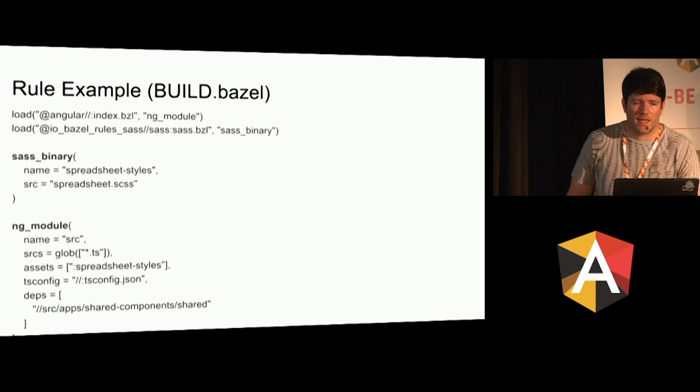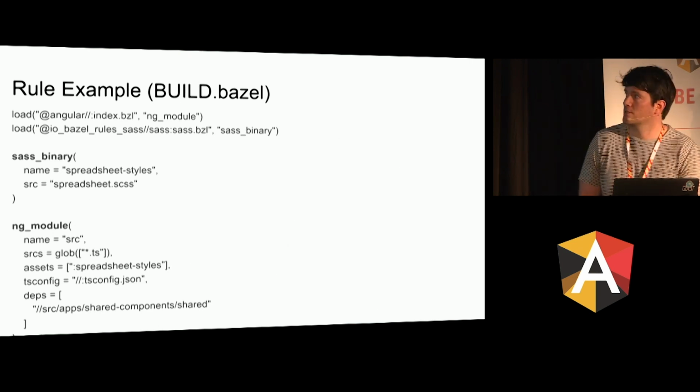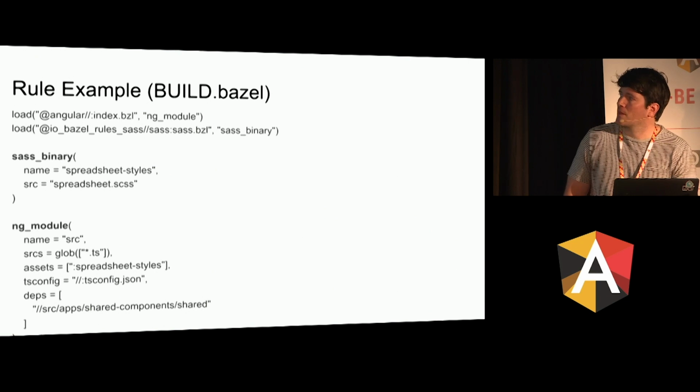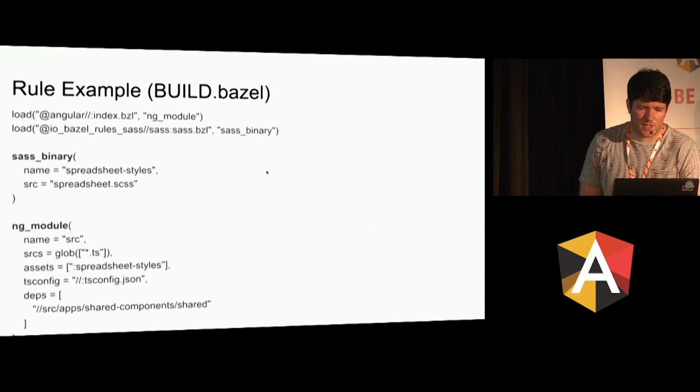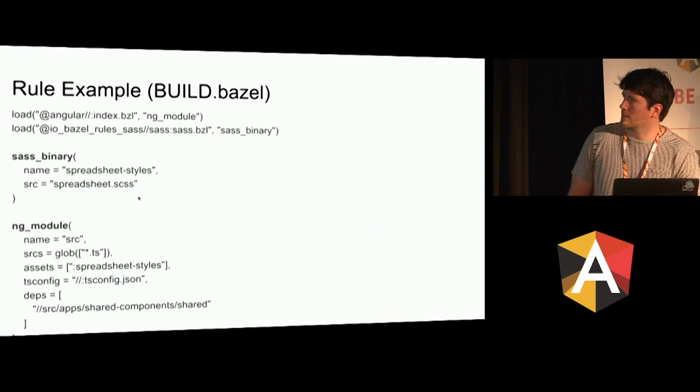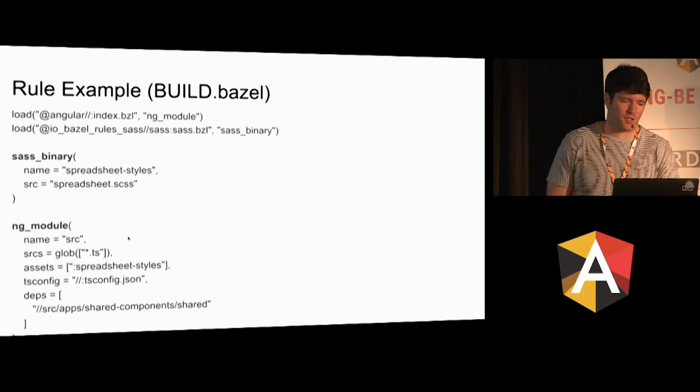So let's take a look at a build.bazel file. In this case, I'm showing you two Bazel rules. The first one is sass_binary, which essentially takes a Sass file and converts it to CSS. The other one is the ng_module rule, which is what we use to AOT compile Angular ng modules. The ng_module rule is a little bit more interesting. Instead of a single file, like in the case of sass_binary, you glob for a bunch of TS files.